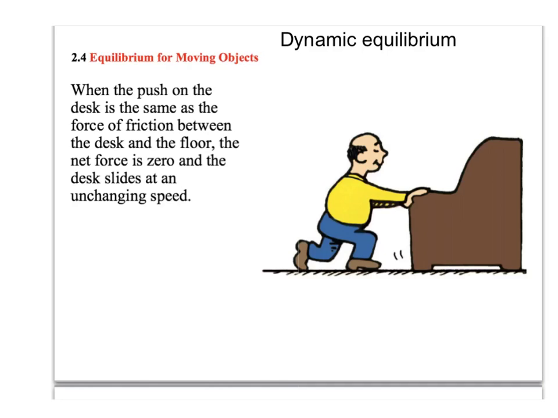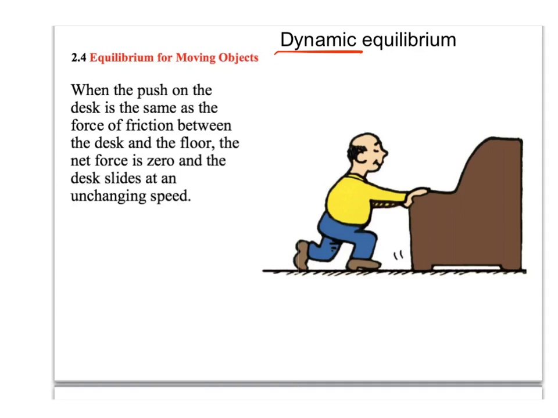All right, now just because something is moving does not mean that it is not in equilibrium. Static equilibrium describes something that is not moving. But there is also what's called dynamic equilibrium. In that case, something can be moving, but the sum of all forces is still 0.